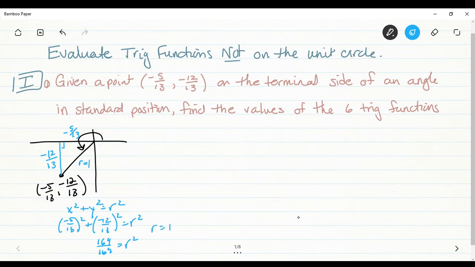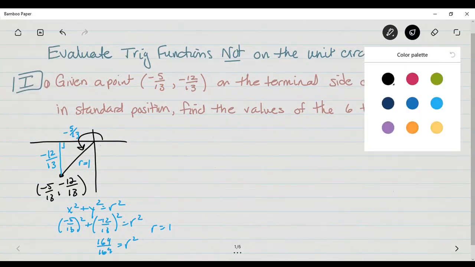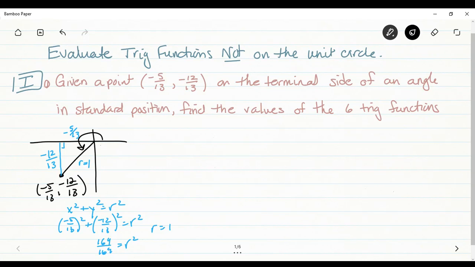This particular coordinate does lie on the unit circle, but it is not a coordinate for one of our popular angles. And we're not looking for the angle, we're just looking for our ratios.